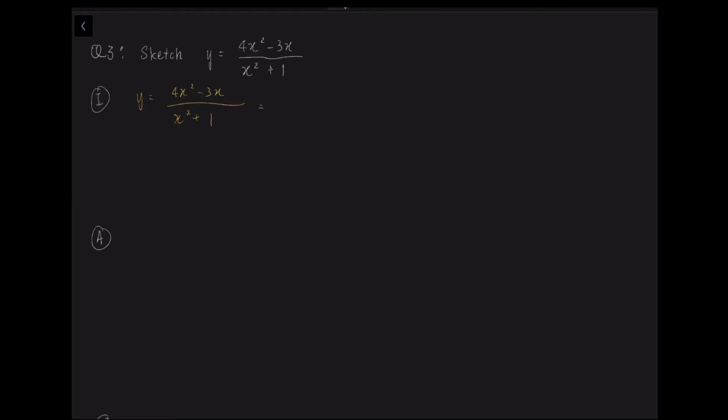What we are trying to do here is to make the numerator a multiple of the denominator. So what's the similarity here? Take a look at the denominator, we have x squared plus 1, and in the numerator we have 4x squared. To make it into a multiple of it, we need to make 4x squared plus 4.